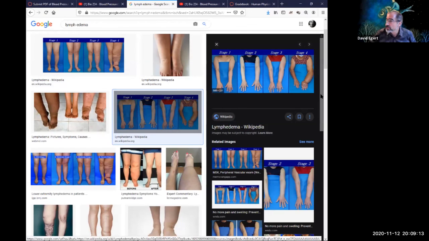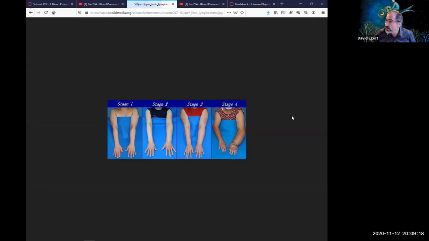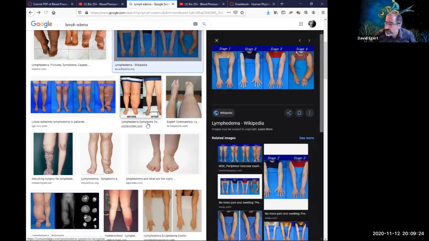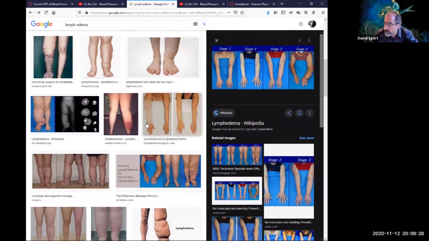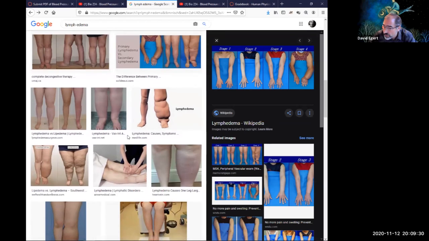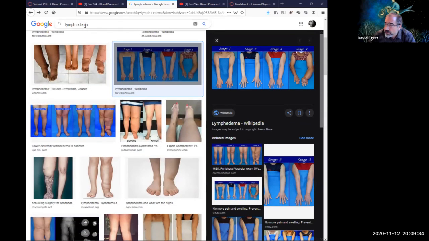Again, you can see it's pretty dramatic. You can see lots of pictures of this.